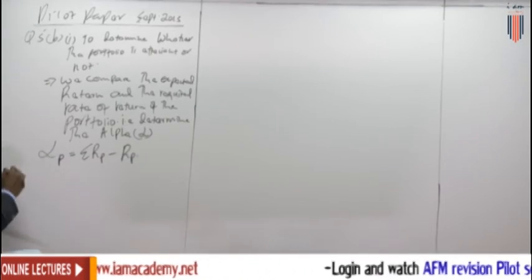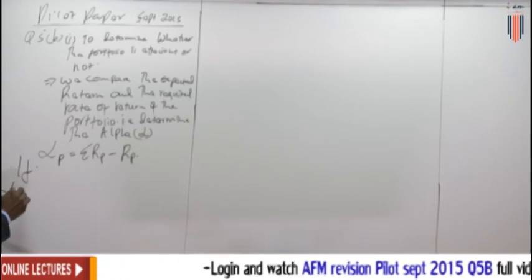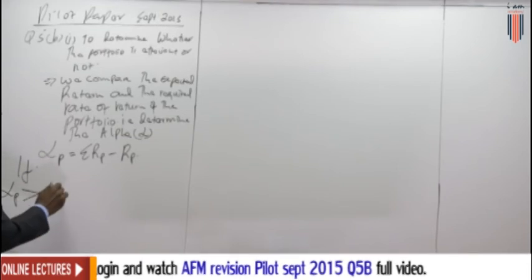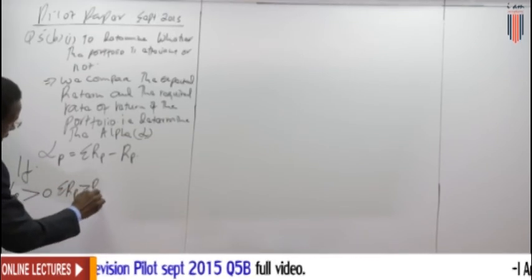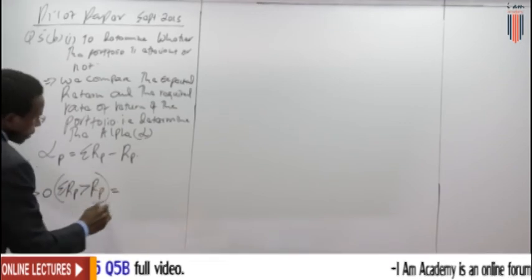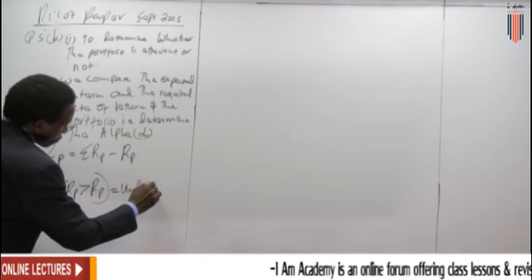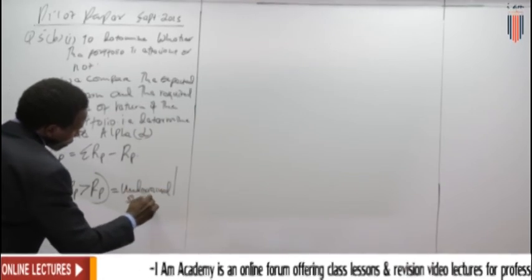If the alpha is greater than 0, or we say the expected return of the portfolio is greater than the required return of the portfolio, then it is undervalued, or super efficient.